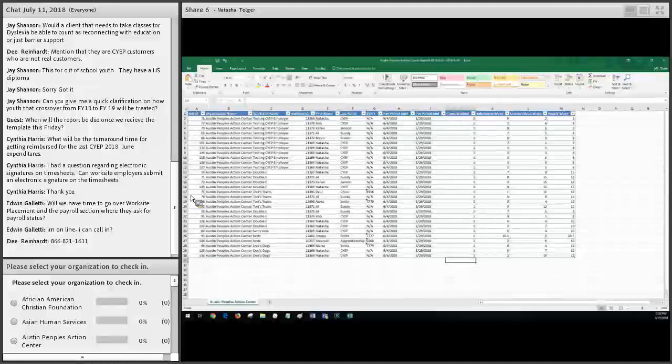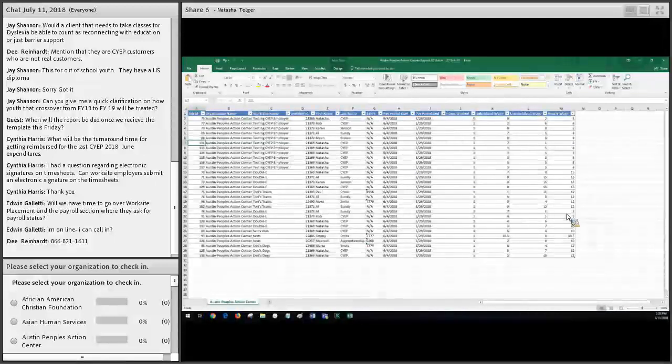And then job ID, where would I get that? The job ID, don't change that, because that's coming from the system. Based on participant? I can't remember if it's the worksite ID. I'm pretty sure it's the worksite ID.